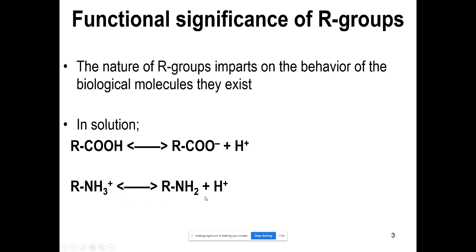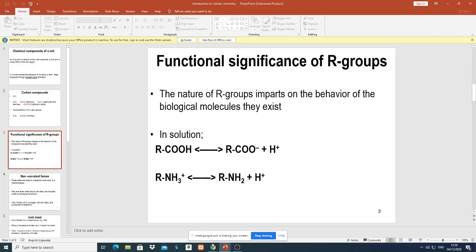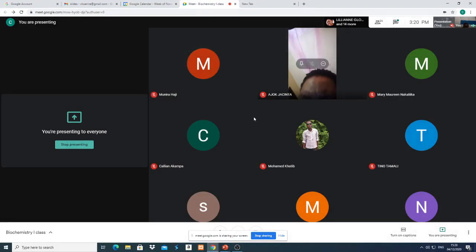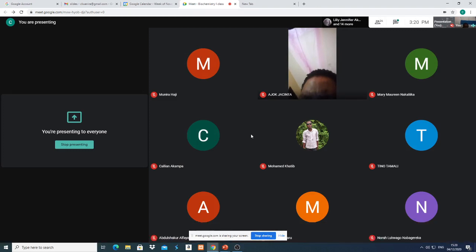Because of a reaction between the amine and the hydrogen ion, the amine accepts the hydrogen ions from solution. Therefore, the concentration of hydrogen ions in solution is going to go down, causing the pH of that medium to increase, making that medium become what? Alkaline. So in a molecule where you have several of those amine groups, there is a tendency for that macromolecule to adopt a basic behavior.